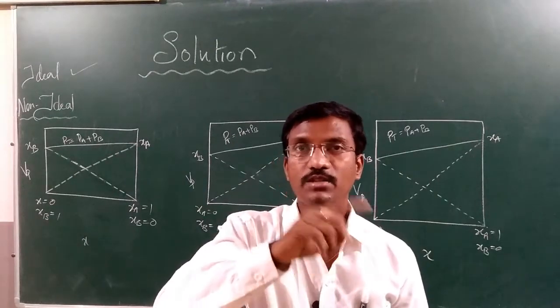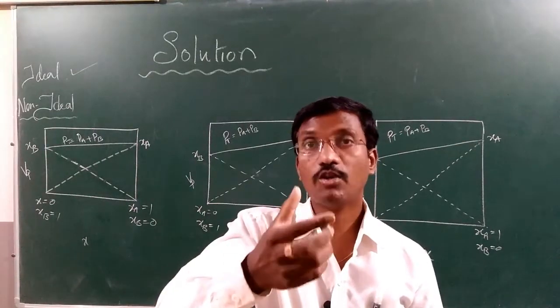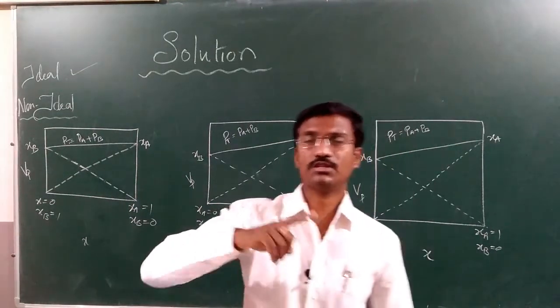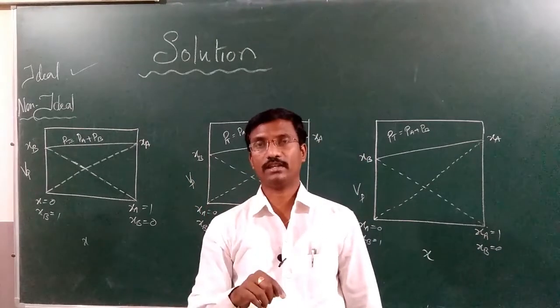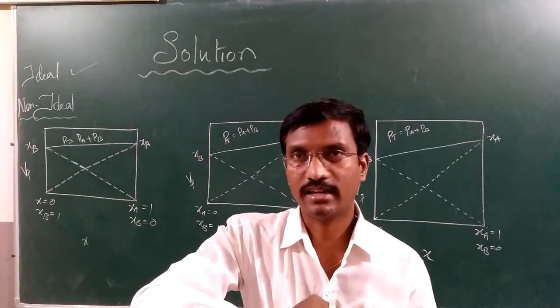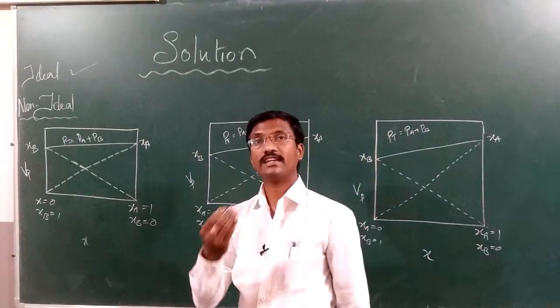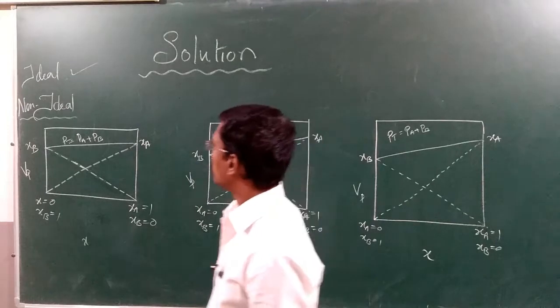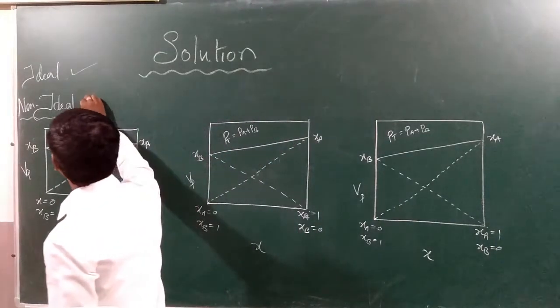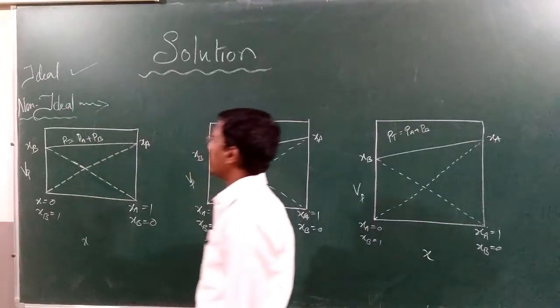Delta V is also not 0, so the volume may increase or decrease. Similarly the enthalpy may increase or decrease. Based on this variation, whether it is increasing or decreasing, we are classifying the non-ideal solution.